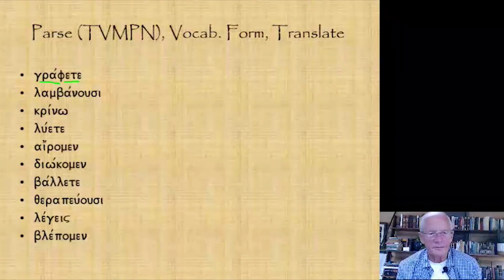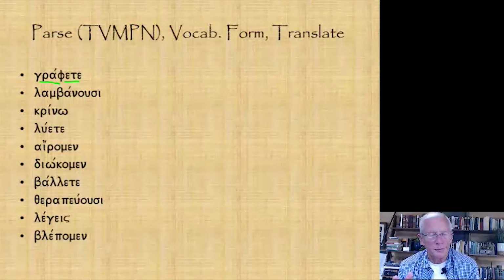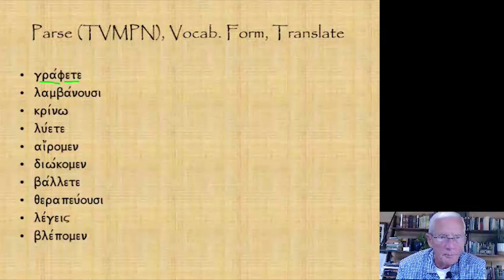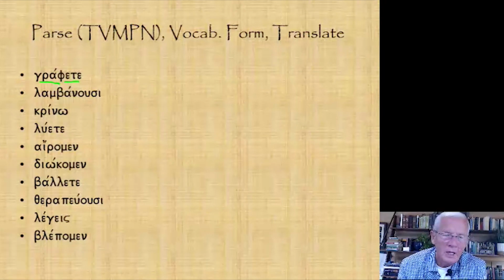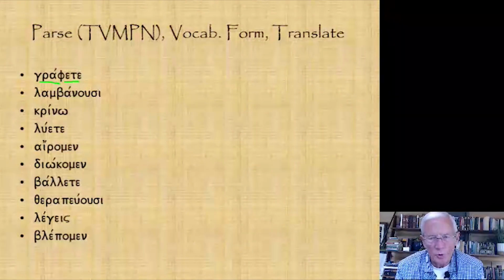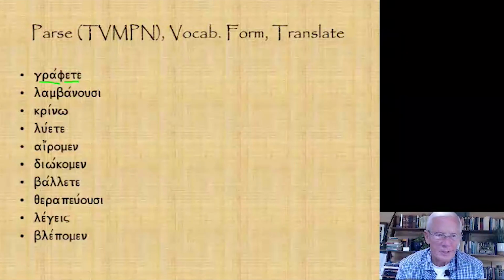Luete, present active indicative, second person plural, you loose. Airomen, present active indicative, first person plural, we take up or we take away. Diokomen, present active indicative, first person plural, we pursue or we persecute.